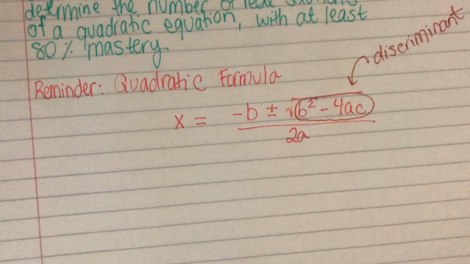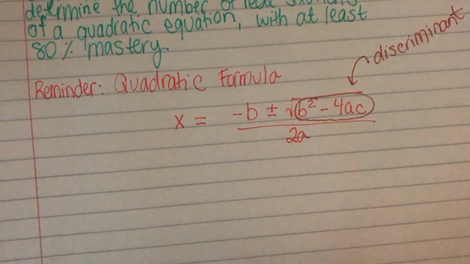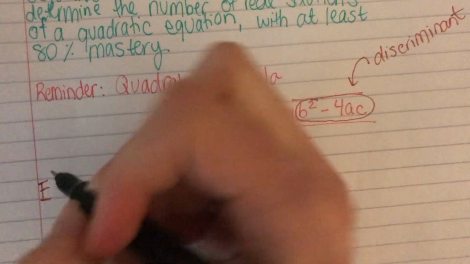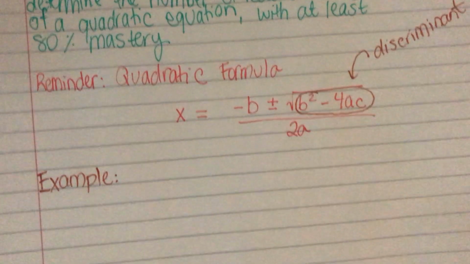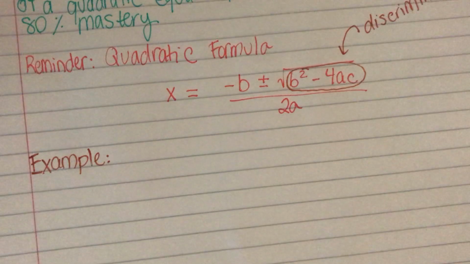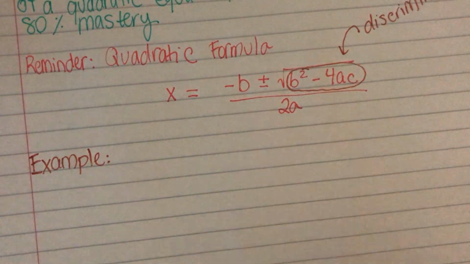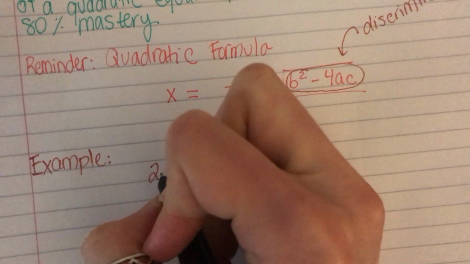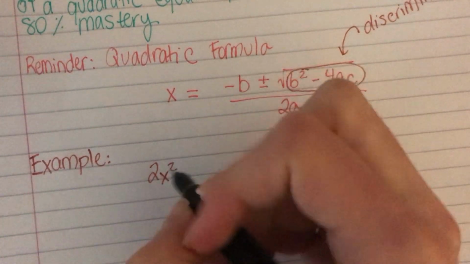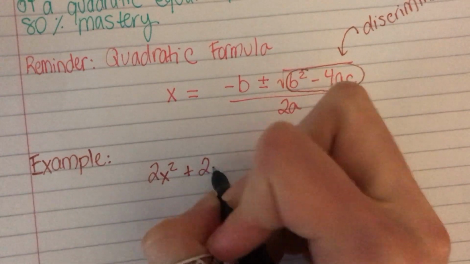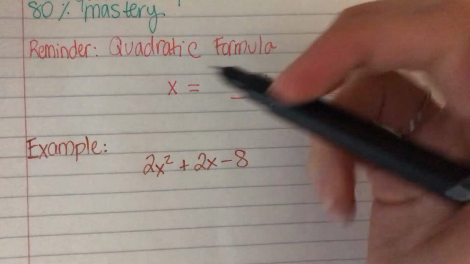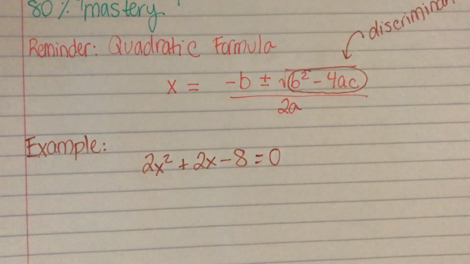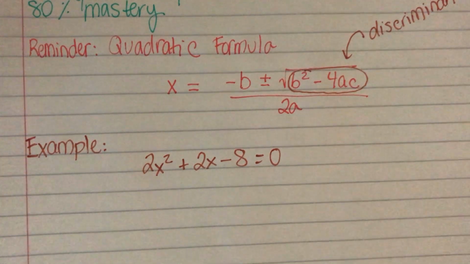So first, let's just make sure that we're comfortable calculating the discriminant. Let's give an example. This example will simply help you to find the discriminant given a quadratic equation. So here is a quadratic equation, just like some of the ones that we've looked at with Miss Babs over the past couple of days.